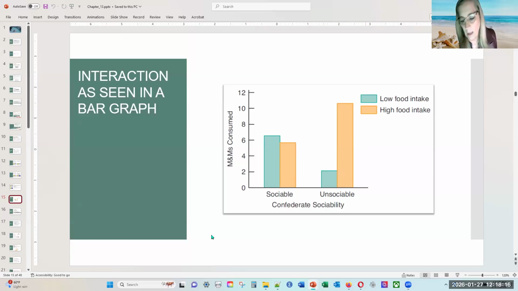High, low food intake in this case versus sociable and unsociable, and whatever they're being measured on. And the way you can evaluate whether you have main effects or interactions, I should say, is if I were to draw a line from the top of this blue bar to the top of the other bar, and then do the same for the orange bars, I would see that the lines here are crossing. So that would indicate to me that I have an interaction.